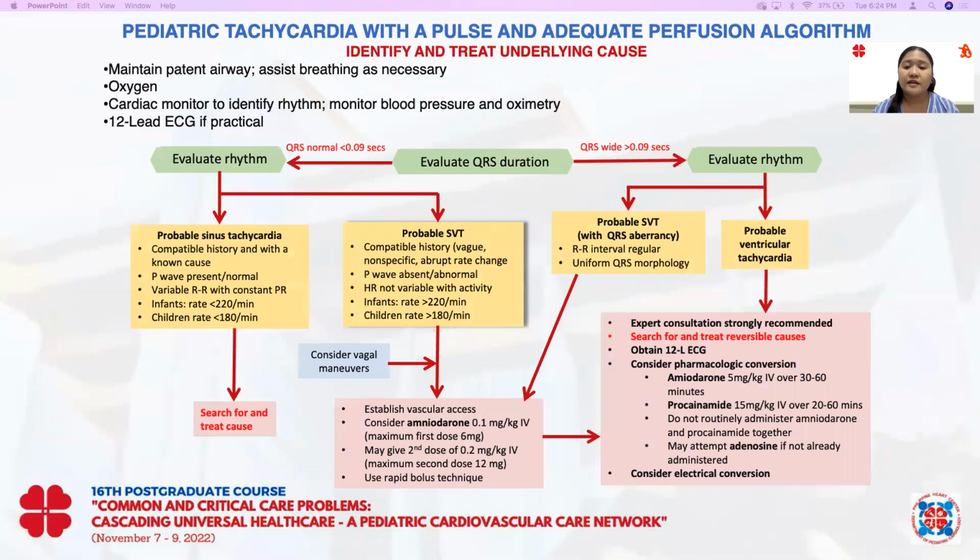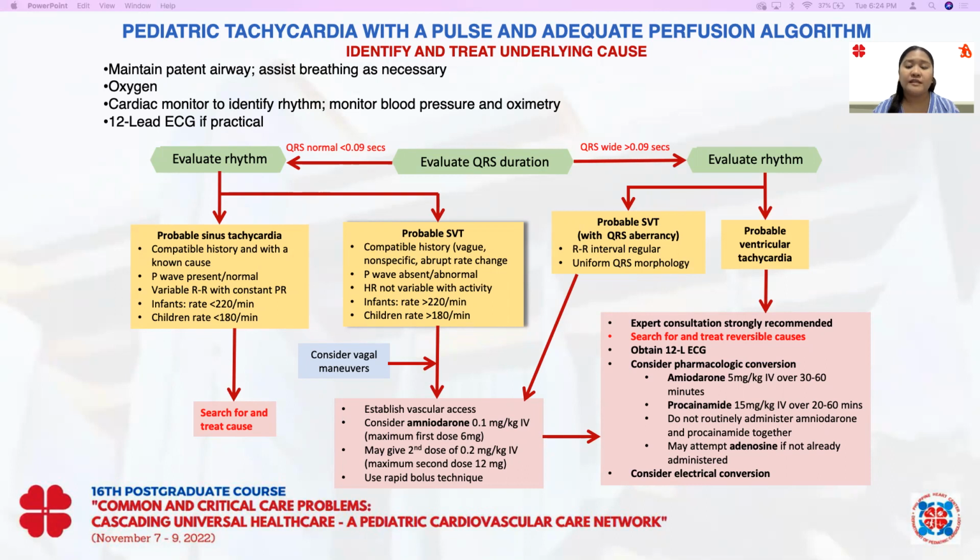Now, this here is a bird's eye view of the algorithm for pediatric tachycardia, and we will go into them one by one. Again, first thing to do is to secure your patient's airway, breathing, and circulation. Provide oxygen as necessary. Hook the patient to cardiac monitor to identify the rhythm, and monitor the patient's other vital signs like blood pressure and oxygen saturation as well.